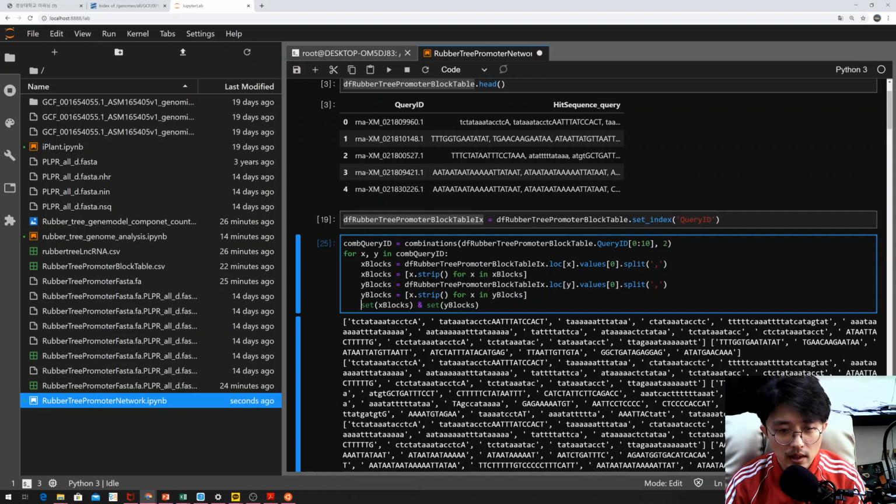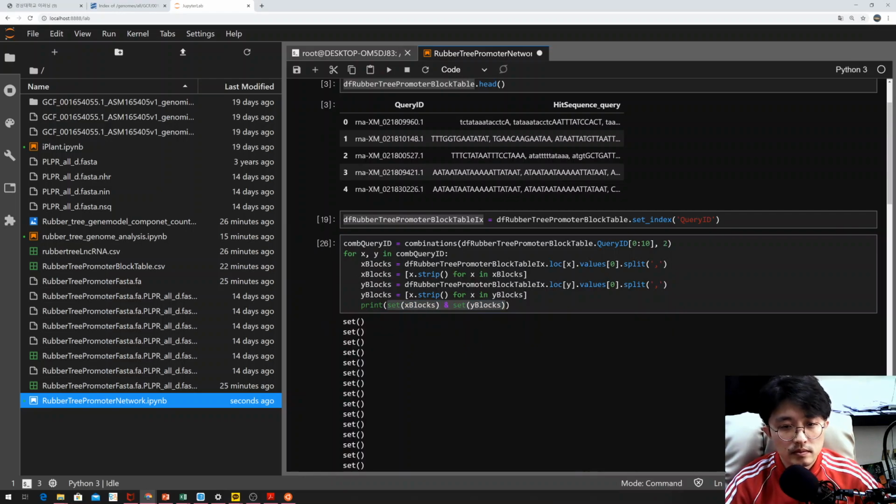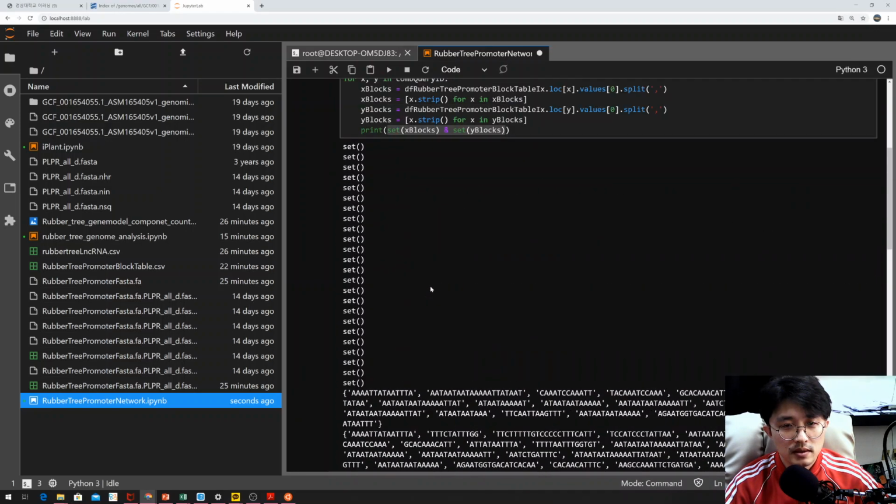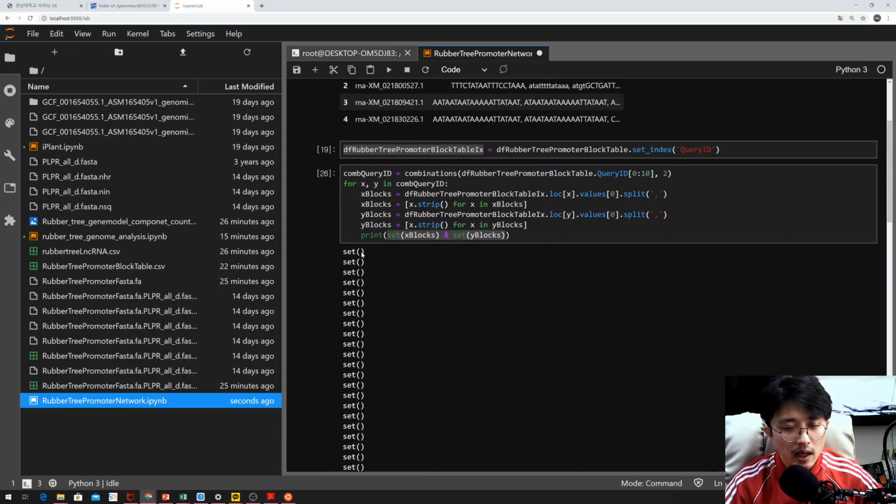The set is a kind of mathematical expression. So this set can be used in this way with and. This command gives you back what is common between x blocks and y blocks. Okay, and I will print this one. Right?